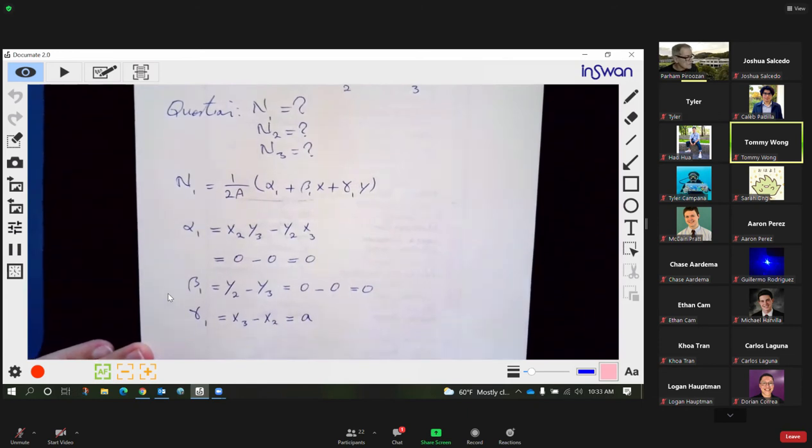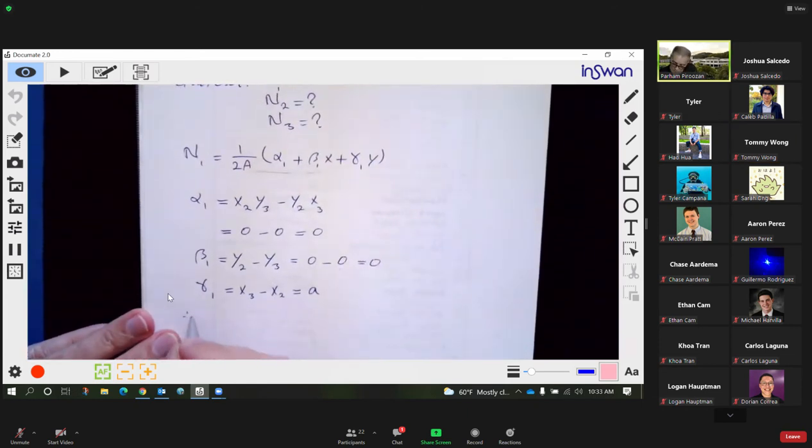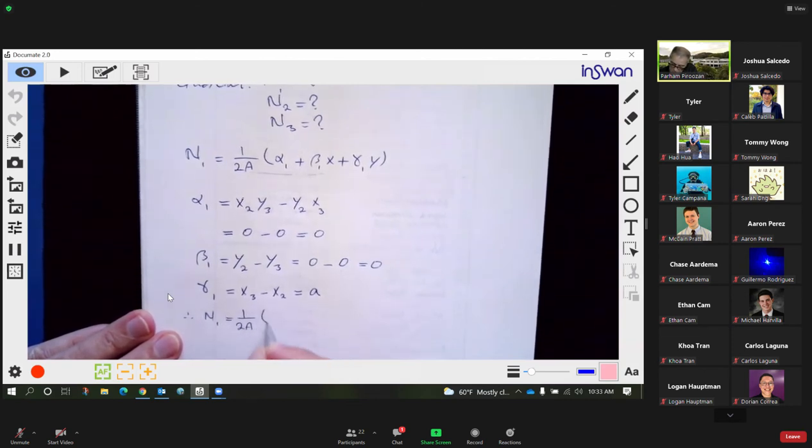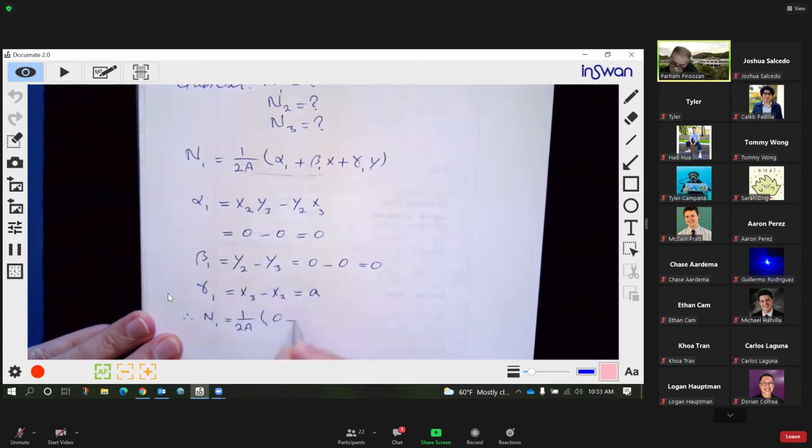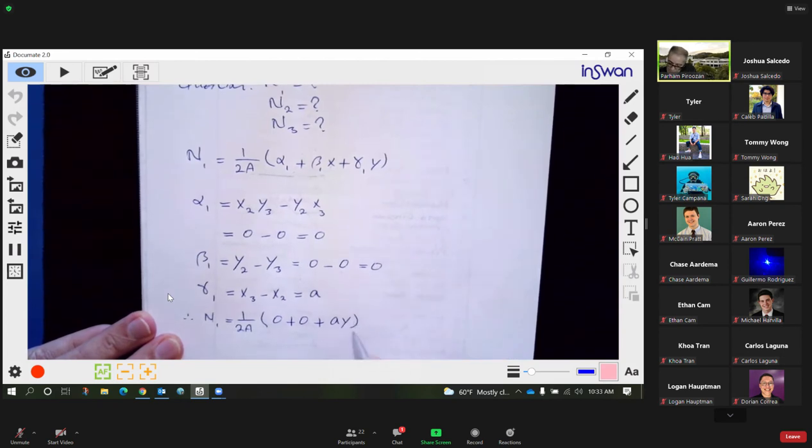Therefore, our N1 is 1 over 2A, alpha 1, which we got 0, beta 1, we got 0, gamma 1, we got a, plus a y. That's it. It is equal to a y divided by 2A.